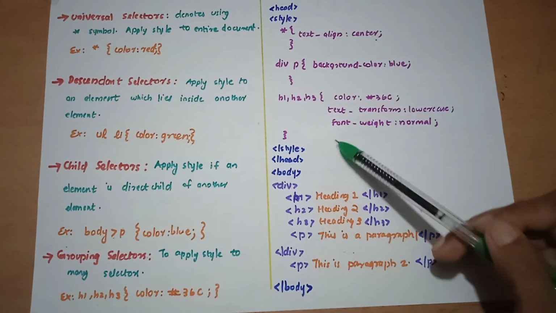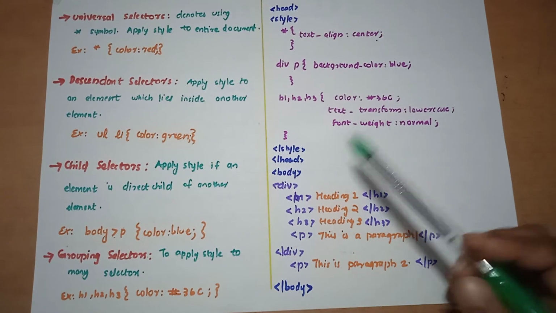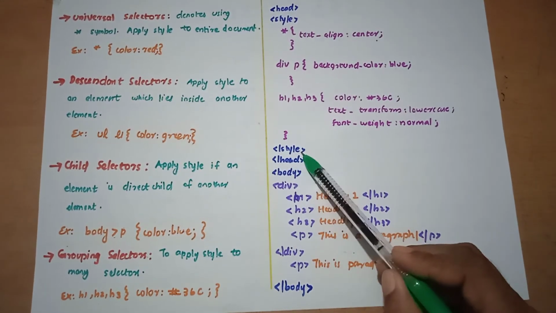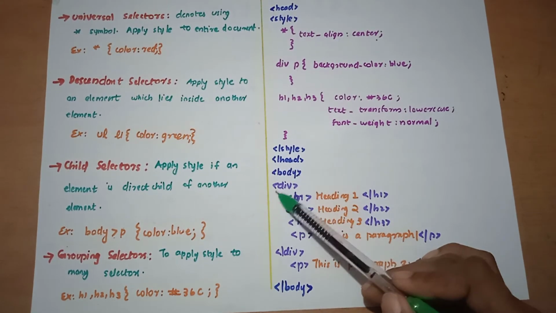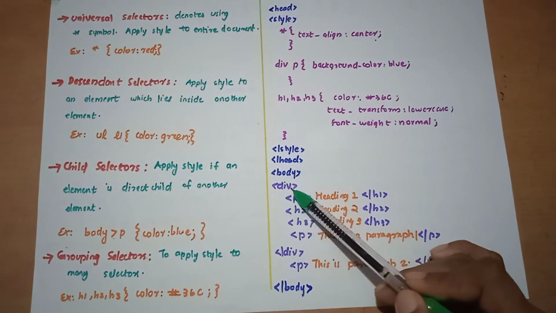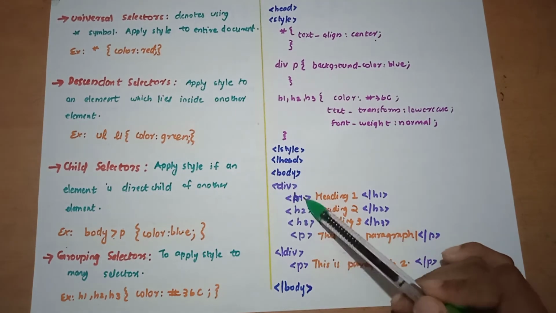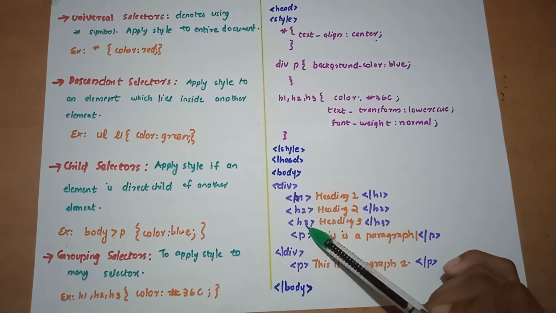Okay, so let's see how this worked. I closed my style tag and head tag and opened the body tag. Here just see the div tag is opened and inside you can see H1, H2, H3.